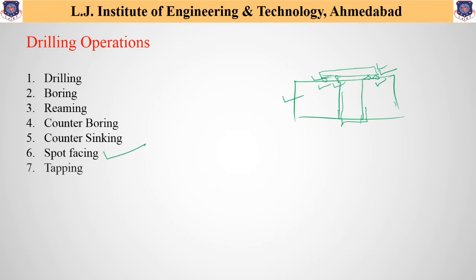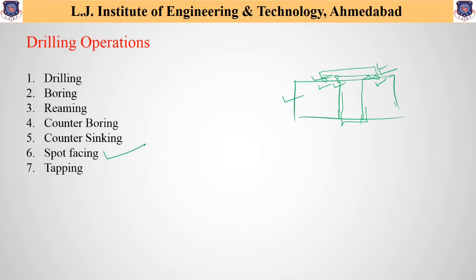Next drilling operation, that is tapping operation. In our chapter 2, we have discussed, in any of the component, external thread can be cut using the lathe machine, but internal threads cannot be cut using that lathe machine.